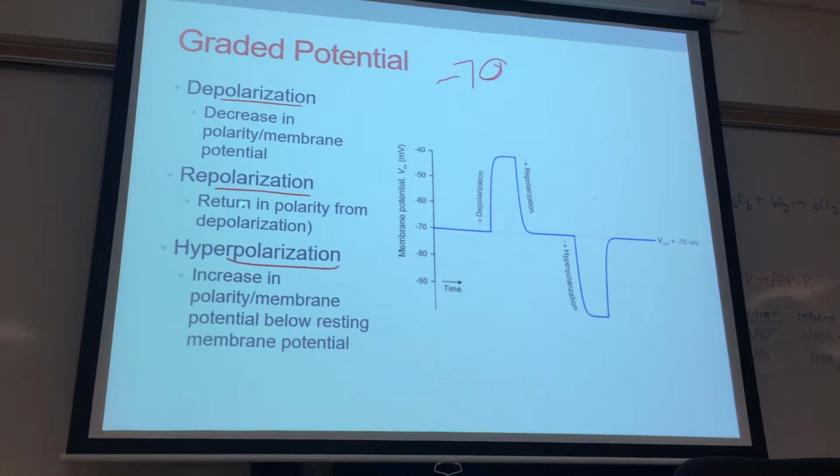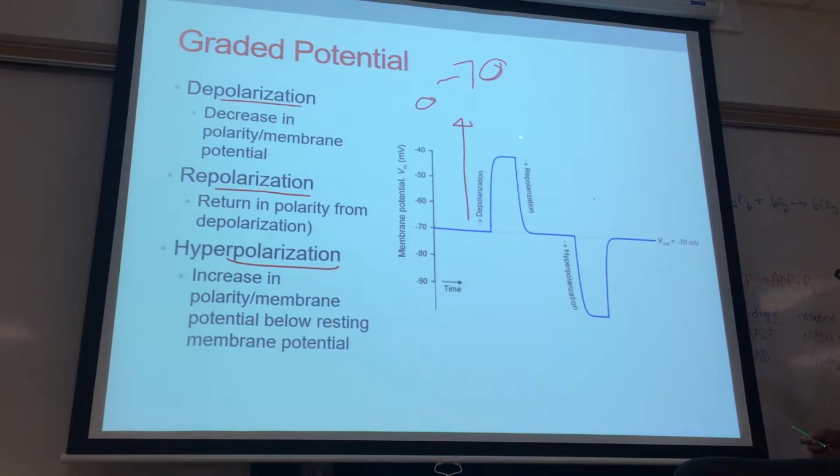And a depolarization is a decrease in the polarity, meaning we're approaching 0 millivolts. The closer we move towards 0 millivolts is a depolarization, meaning we go from negative 70, negative 60, negative 50, negative 40, all the way to negative 20, and that polarity is being lost.